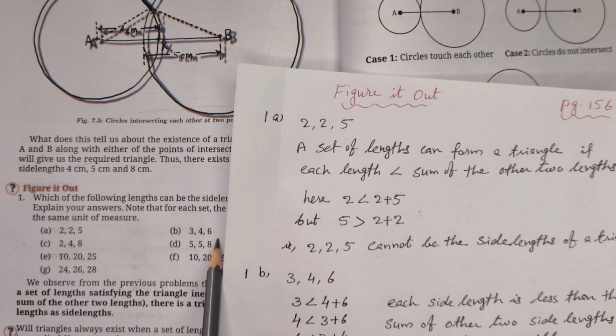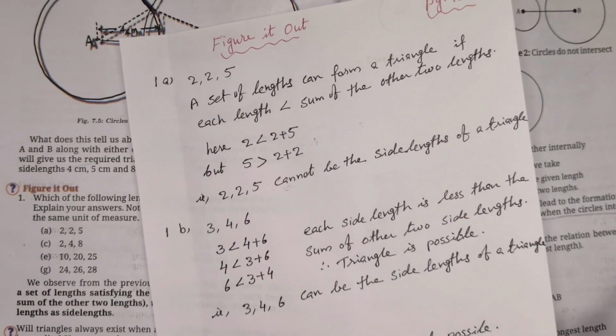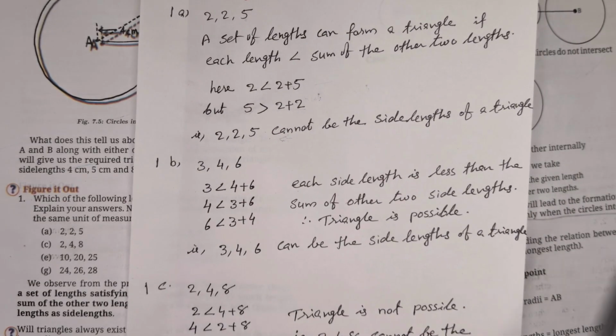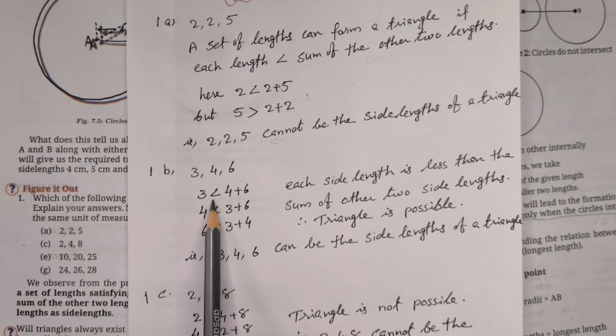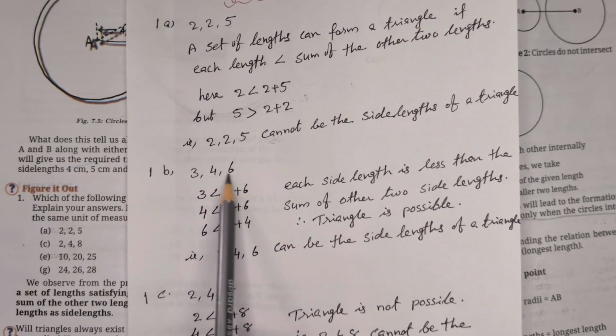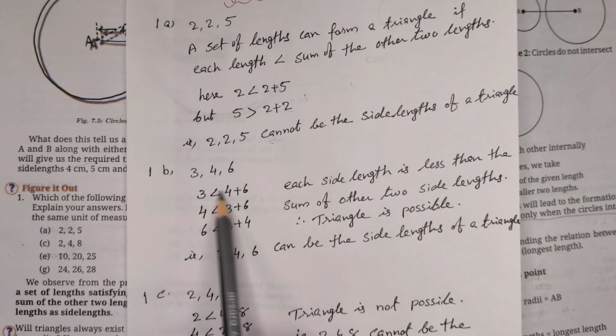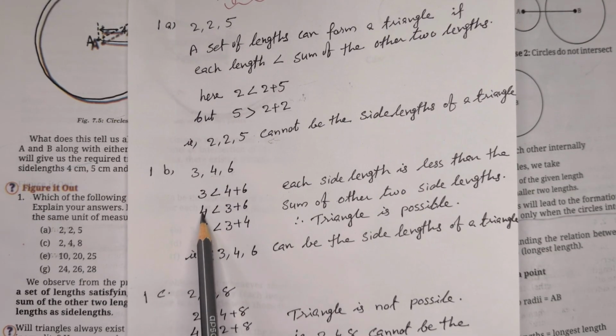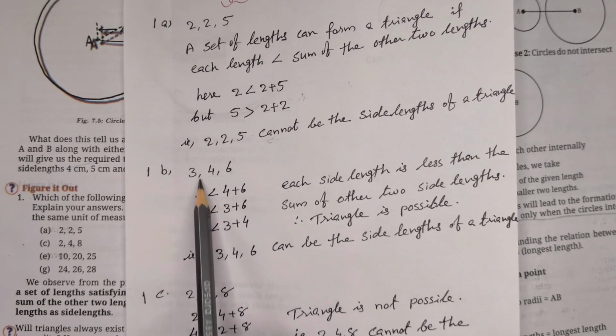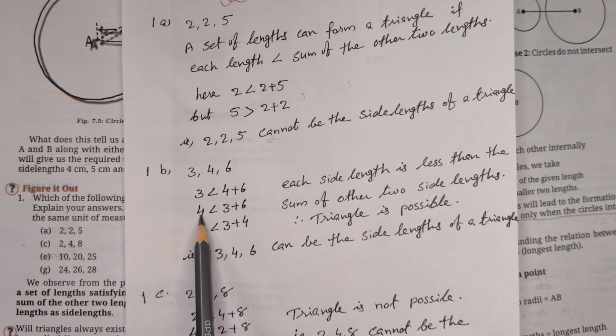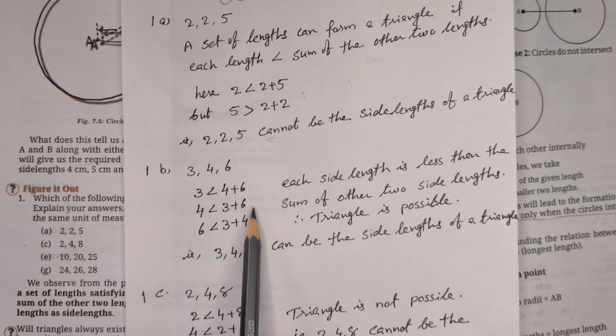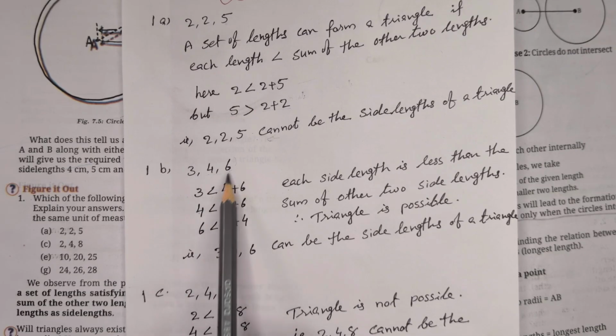Next is here 3, 4, 6. Same way that also here. First we have to take 3 as the direct length. Sum of the other 2 sides 4 plus 6. That is okay. Here 4. 3 plus 6. 4 is less than 3 plus 6. Then the third number 6.